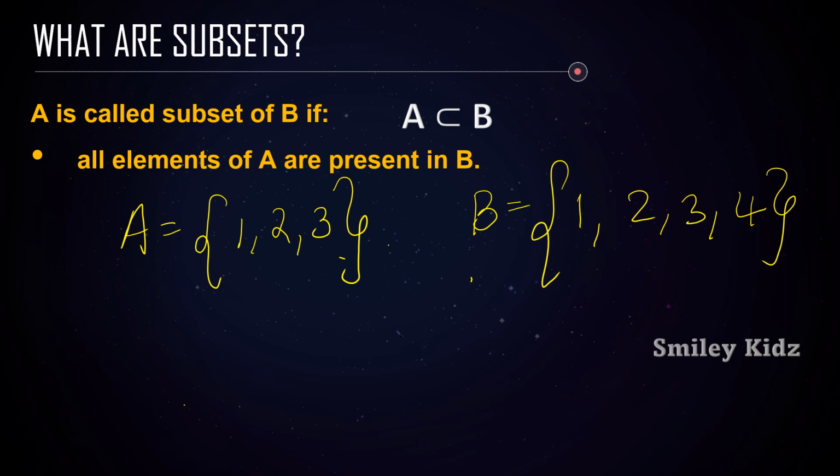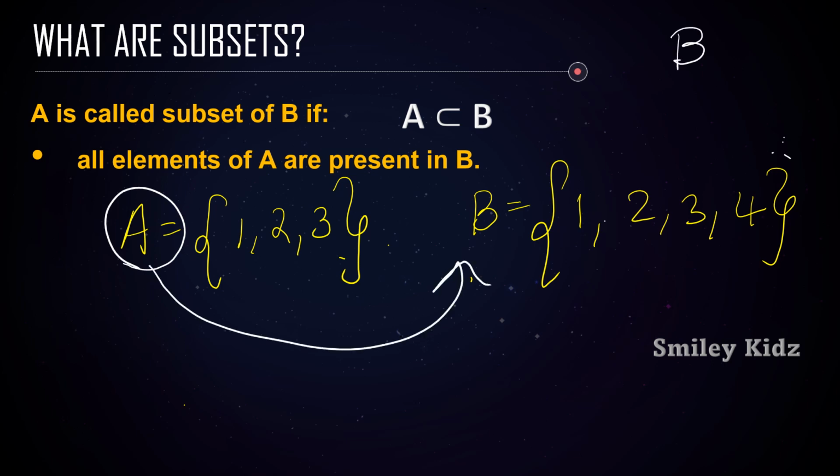Now, what is the condition for A to be a subset of B? That means B is the king and A is the soldier. How can that be possible? Only if all the elements of A are present in B.